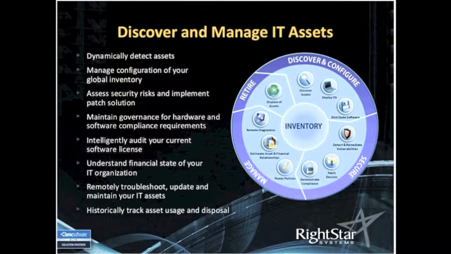It could be compliance as it pertains to software. It could be patching that device again to make sure that it has the latest updates so that you have no holes or vulnerabilities in your environment, the delivery of software, and then again, finally retiring that asset. Financial asset information is going to be critical as well, the depreciation of that asset. So again, these are all concepts that are going to be covered for you in the Asset Core solution.